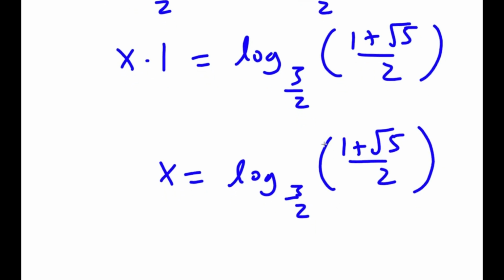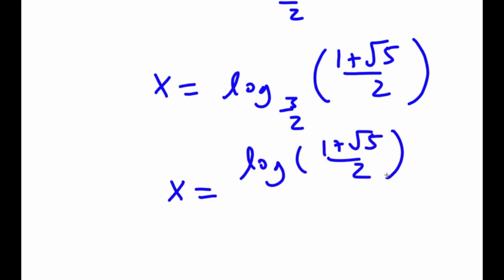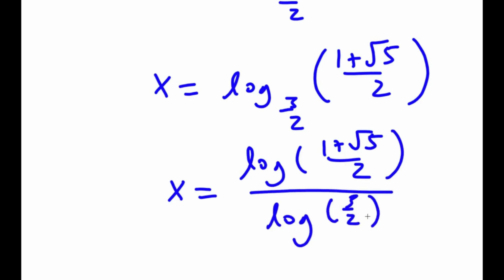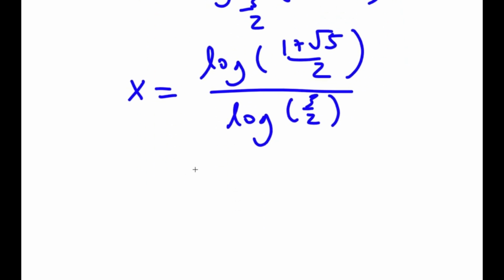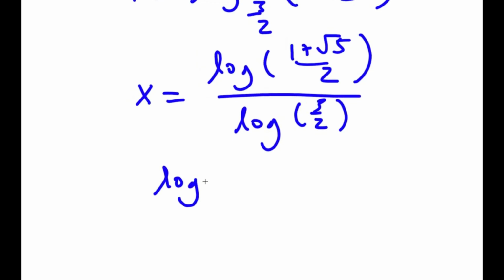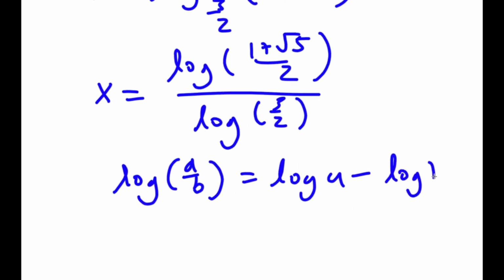Now, this is the same thing as x is equal to log of (1 + √5)/2 divided by log of 3/2. And if I have something in the form log a over b, this is equal to log a minus log b.